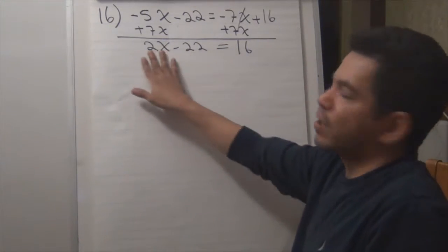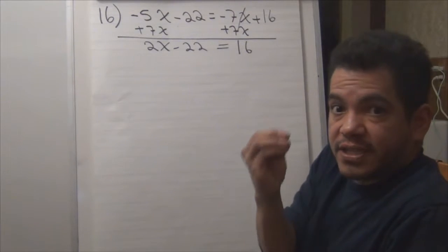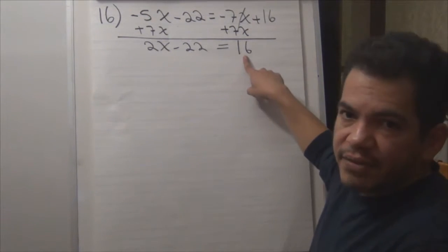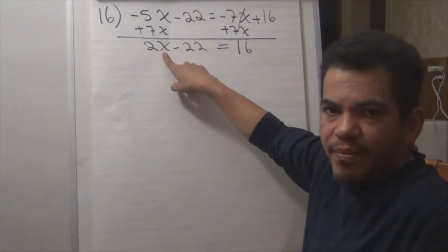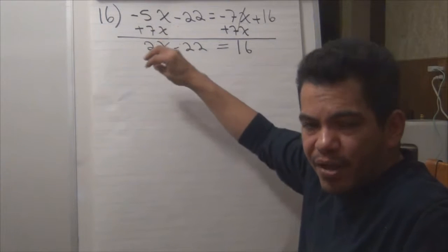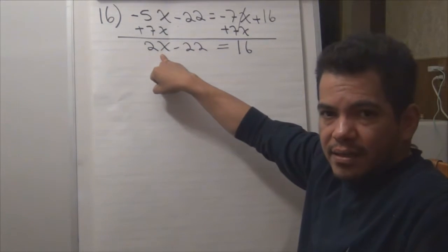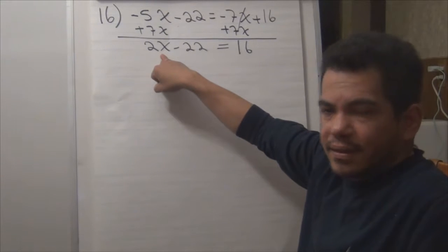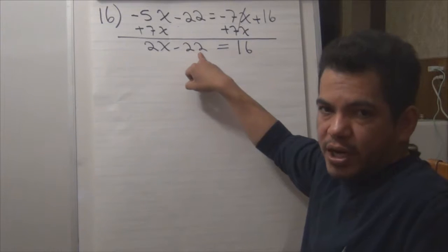So additive inverse of what am I going to use? Please don't ever say you're going to use the additive inverse of 16. 16 has nothing to do with the variable. We're trying to get rid of things that are bothering the variable. So the 22 is subtracting. The variable is being subtracted by 22.